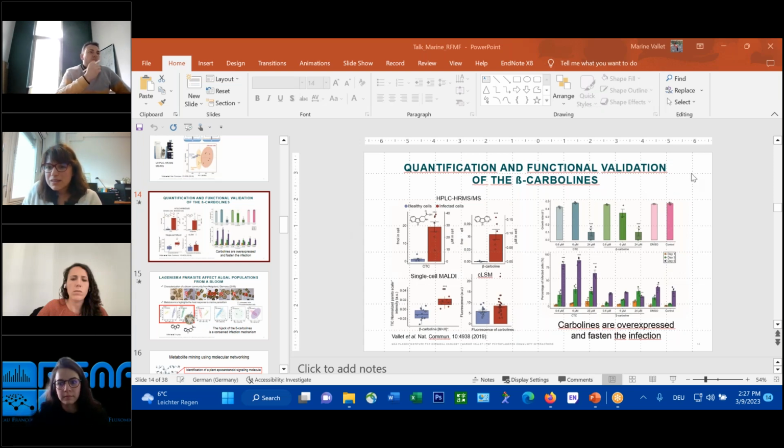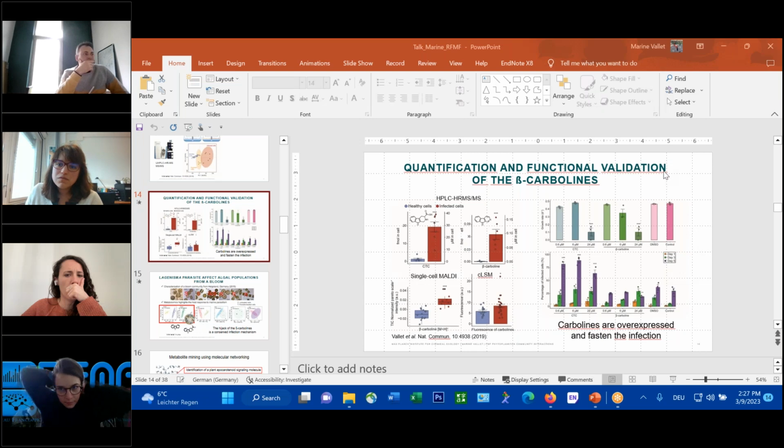Okay, I understand now. Yes. So now we know that there is this class of compounds in this model. So I'm actually in touch with Genoscope. I have started a collaboration there where we hope to look for the gene and do transcriptomic analysis.